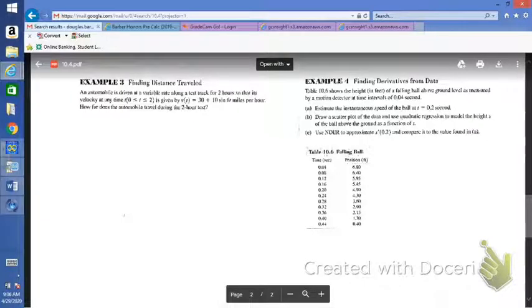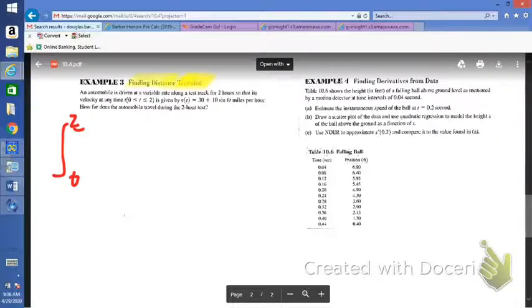Let's set up and write our integral. Alright, how do we know it's an integral that we're going to be using to solve this problem? Integrals help solve distance traveled problems. Okay, that's very important. Alright, derivatives help us find instantaneous velocity problems. Integrals, distance traveled. So our integral, we're looking at an interval between 0 and 2 hours.